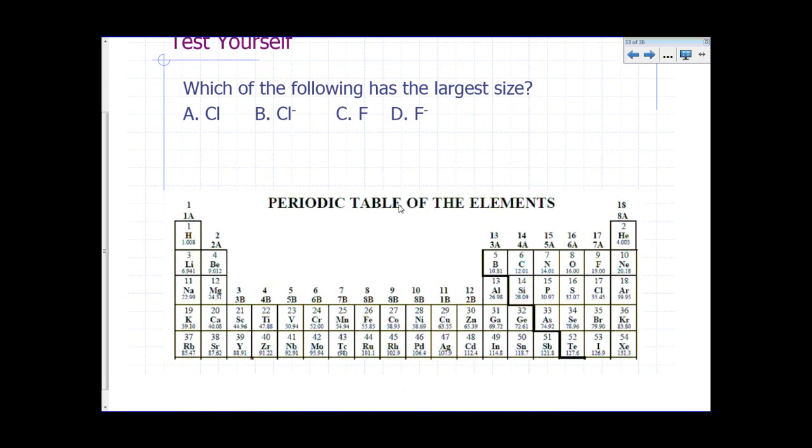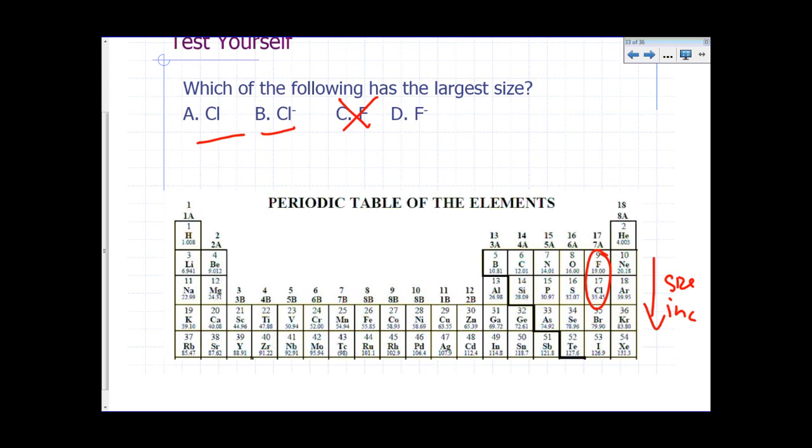Which of the following has the largest size? Okay. Fluorine versus chlorine, and then fluoride versus chloride. Going down, size increases, so it can't be fluorine, okay? Chlorine versus chloride, the negative ion is larger, right?